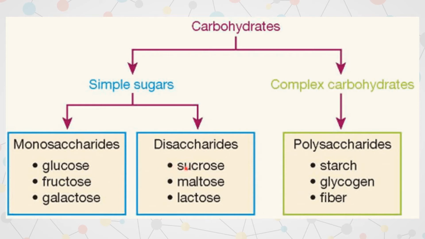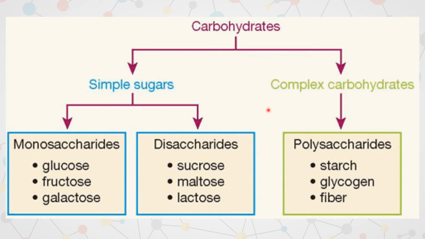Maltose, on the other hand, is also a disaccharide, so it comes from two monosaccharides. These are two glucose. One glucose combined with another glucose will produce maltose. Lactose is another disaccharide that comes from the combination of one glucose and one galactose to form lactose.